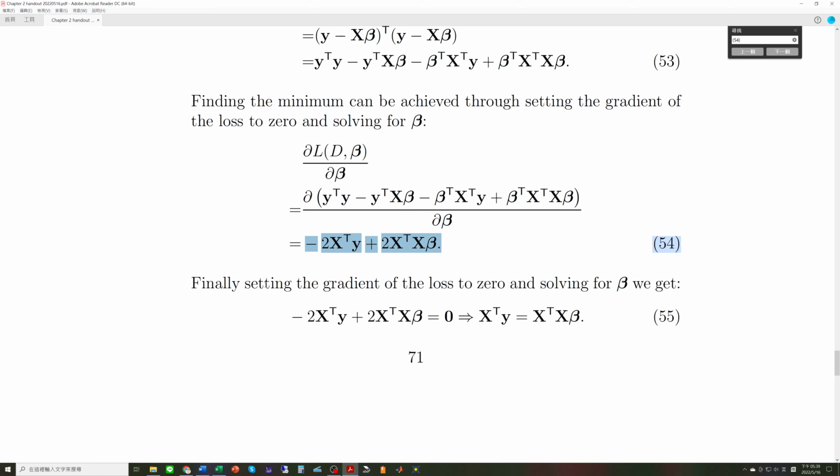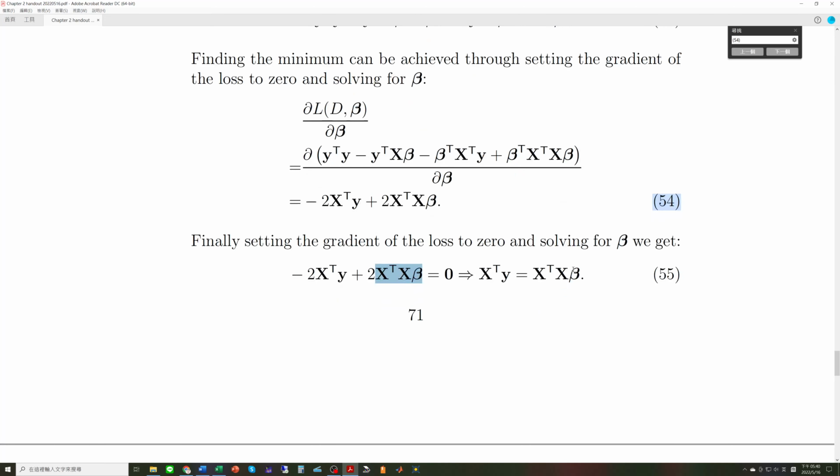Finally, setting the gradient of the loss to 0 and solving for beta, we set this equation to 0. It implies that x transpose x beta is equal to x transpose y.